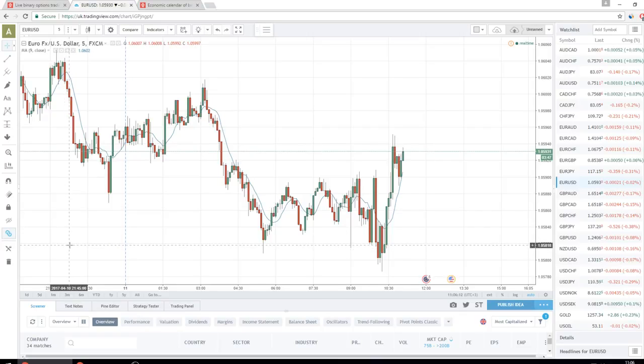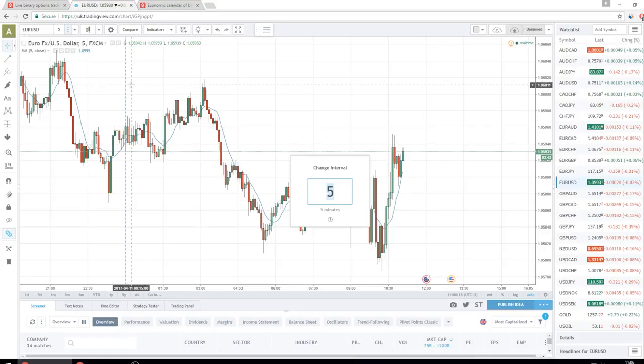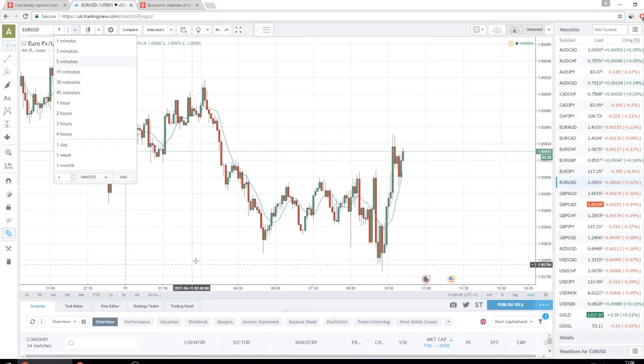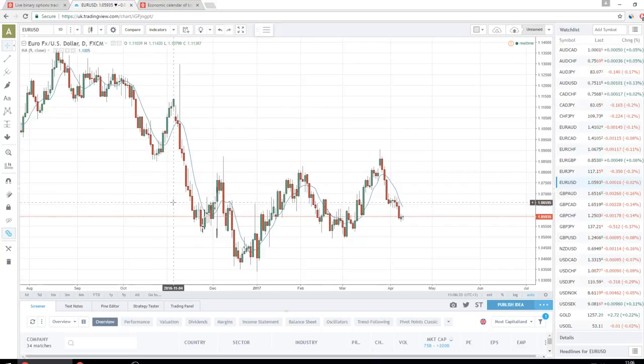So from the start, the simple moving average can help you to determine the direction of the trend and the probability of trend change. So what does it do and how do we use it?